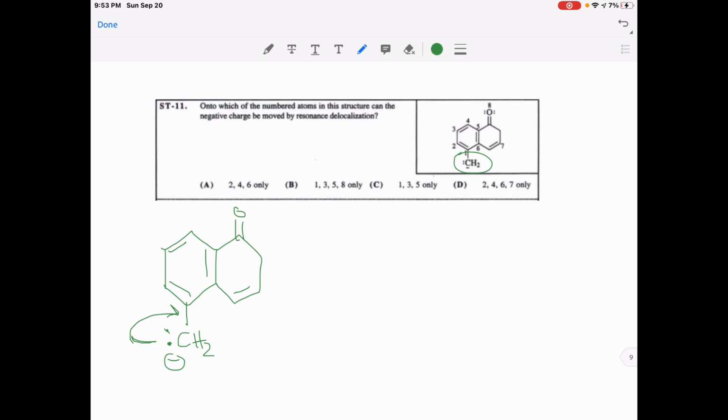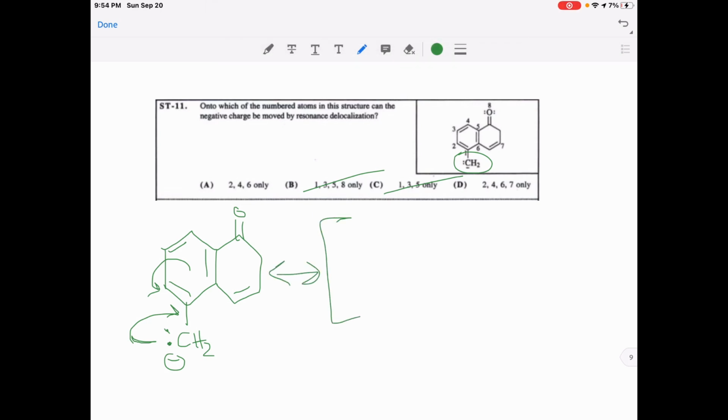We can either move the double bond here, or we can move it here. But the question is asking about which sites the negative charge can be delocalized to. So since we can move it here, this is an indicator that 2 is actually a possible site. So that means that options B and C are incorrect. We can say that right off the bat.